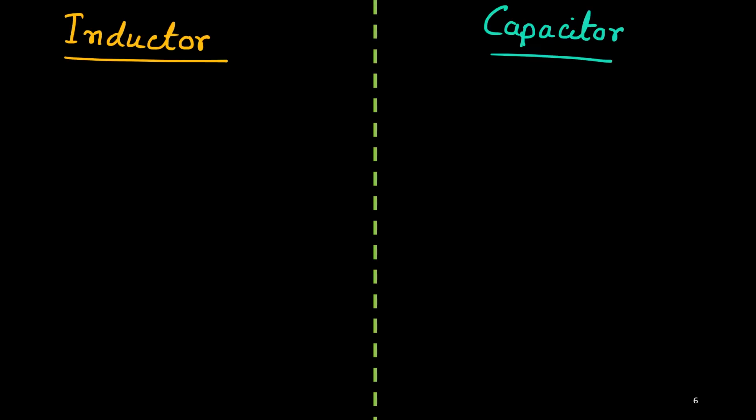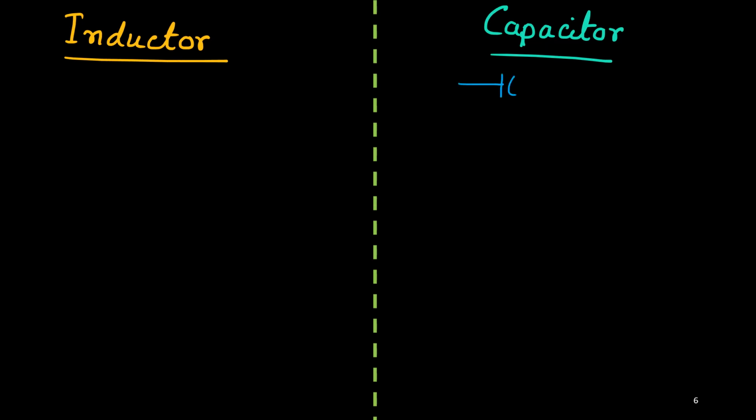So you see, in the last video I discussed the analysis with a capacitor: initial and final values in a circuit containing one capacitor. So we'll try to compare the effect of inductor and capacitor side by side and try to understand this. The capacitor we have considered like this.